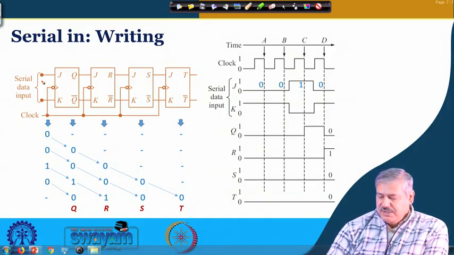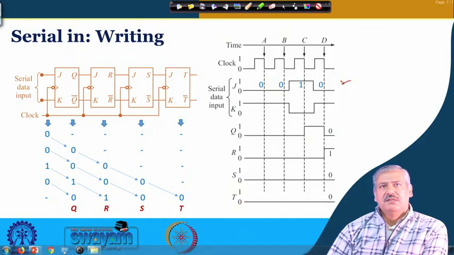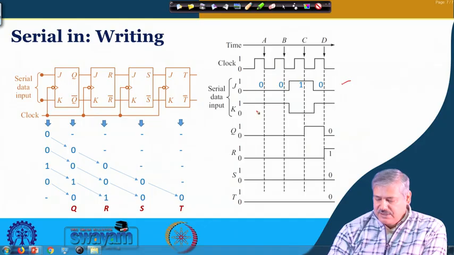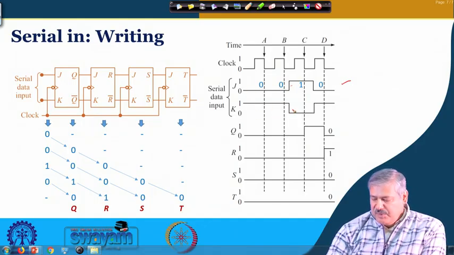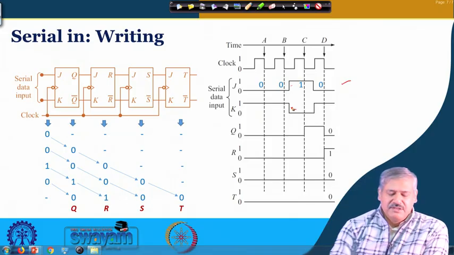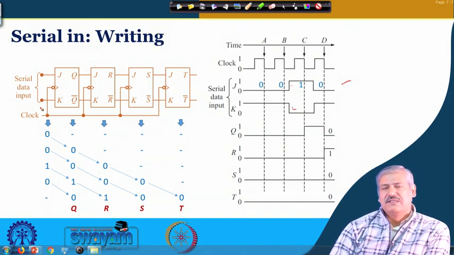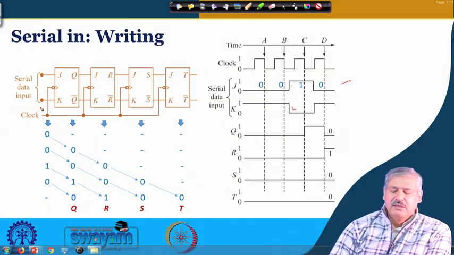So, you can see in this timing diagram the serial input that we are having. So, if you have a J here 0, the corresponding K is 1, 0, 0, K is 1. Whenever it has become 1, immediately it has become 0. So, that is ensured. You can put an inverter between J and K, okay, and feed the data from J. Okay. So, that is the idea. So, that is the way you can do it. It is very simple, right. So, effectively it becomes a D flip flop, right. Okay.